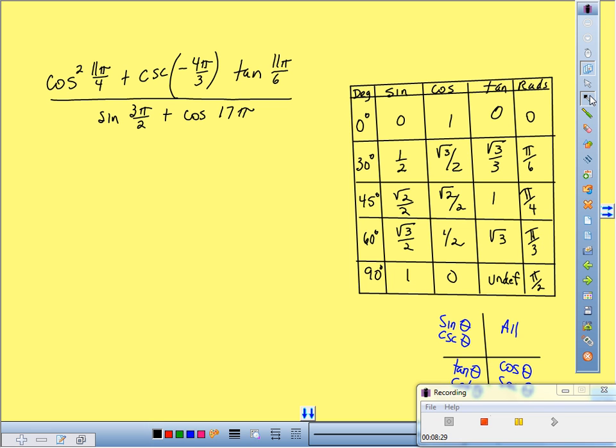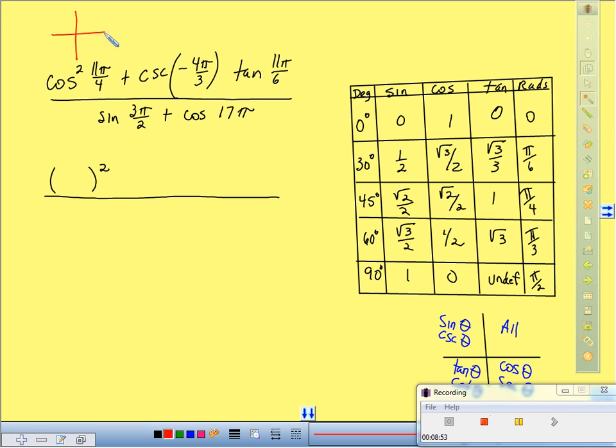Now hopefully you'll remember that that little squared up there simply means that once we get this worked out, we will square that answer. So I first need to go, okay, what is the cosine of 11 pi over 4? Where is 11 pi over 4? That's kind of big.